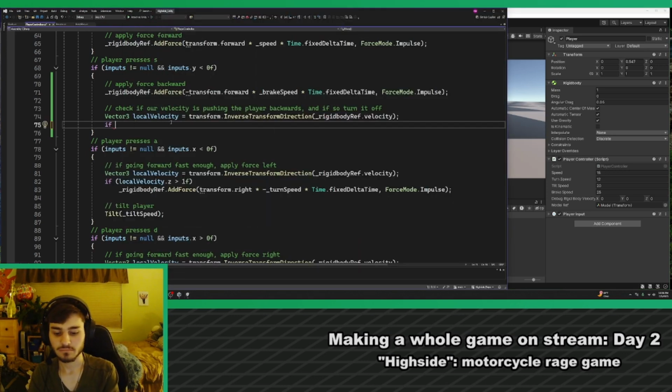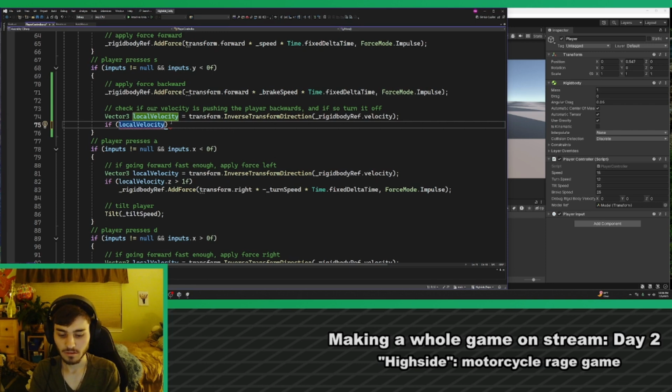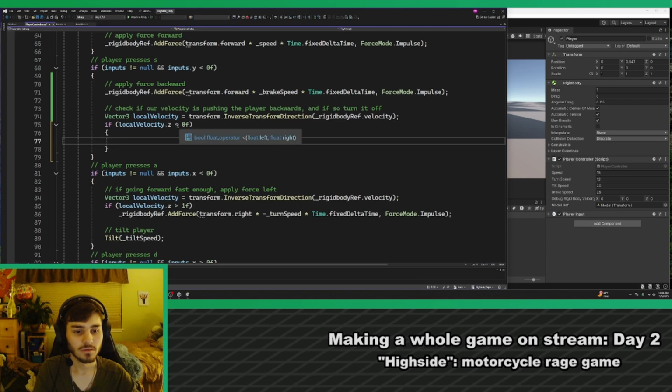If local velocity z is, yes, less than 0.